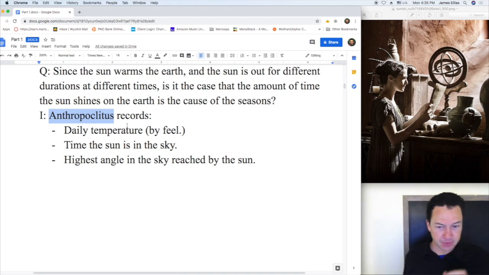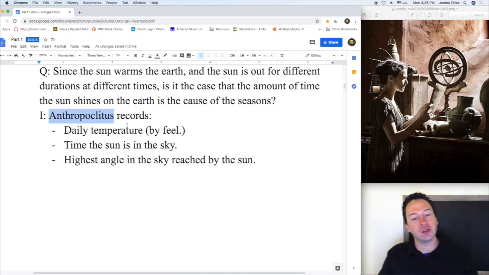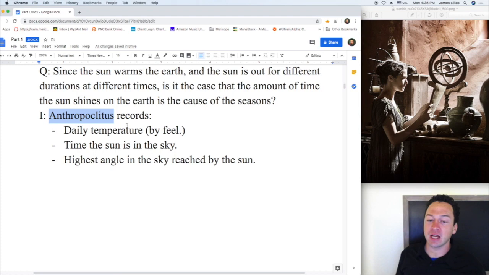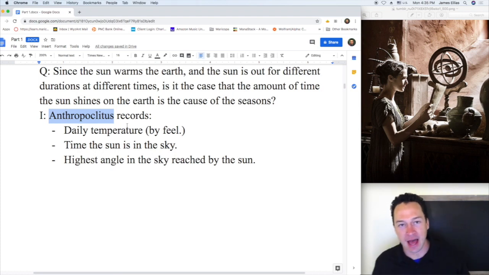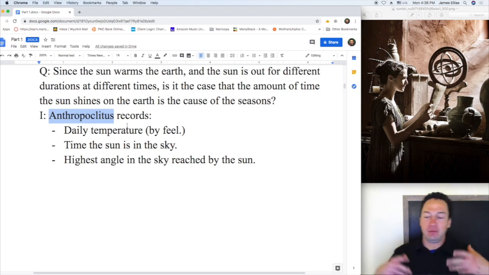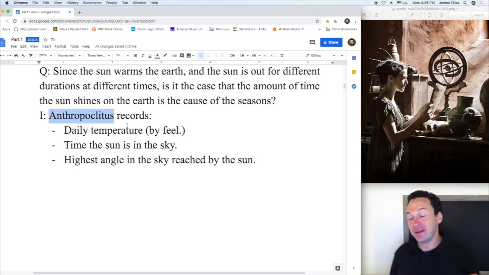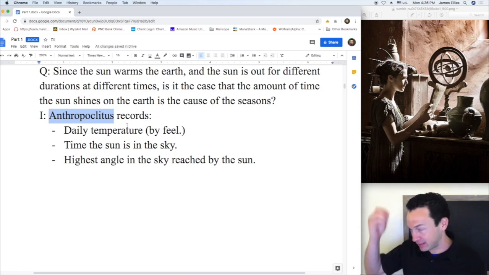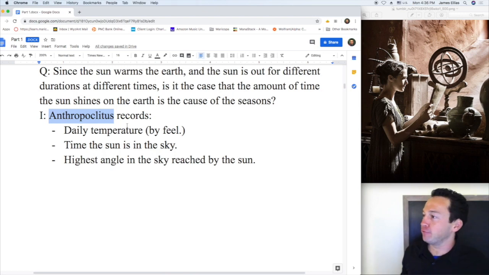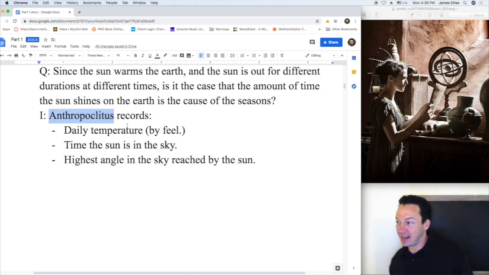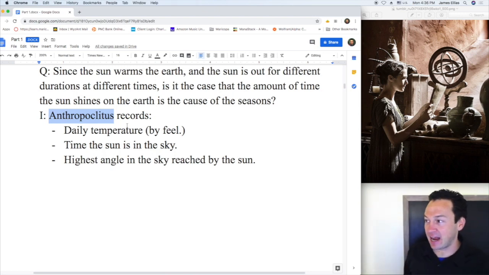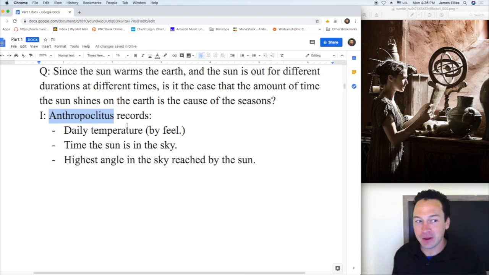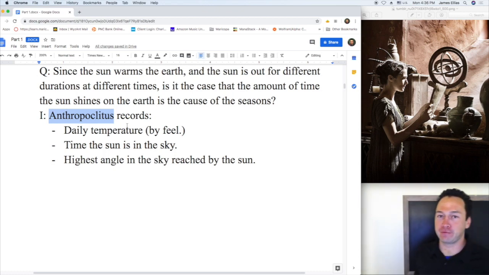Each day, he's also going to record the amount of time that the sun is in the sky. Maybe he can do this with an hourglass, which is a fancy way of saying he'd take a bucket, put sand in it, poke a little hole in the bucket, and let the sand dribble out. Every time the bucket runs out of sand, he puts the sand right back in, and he counts how many buckets of sand run through per day.